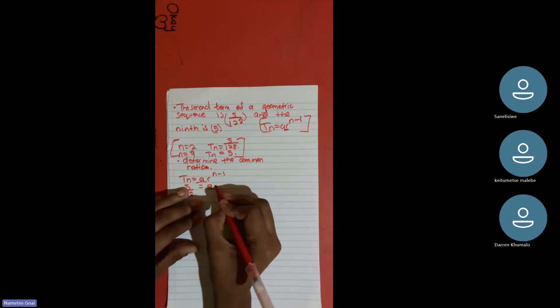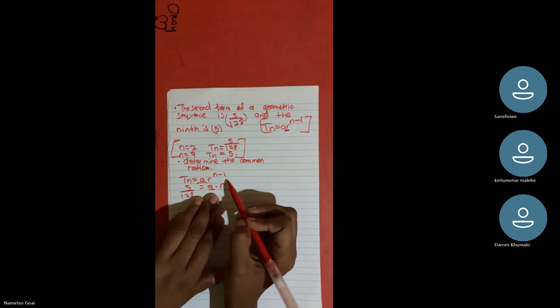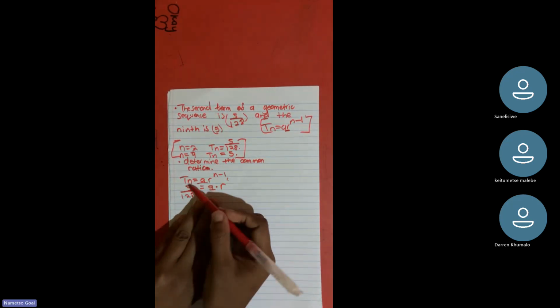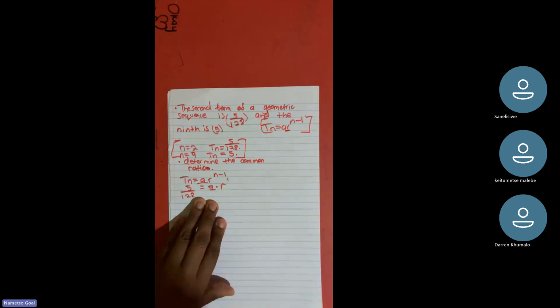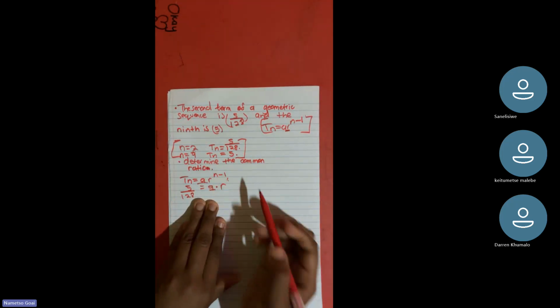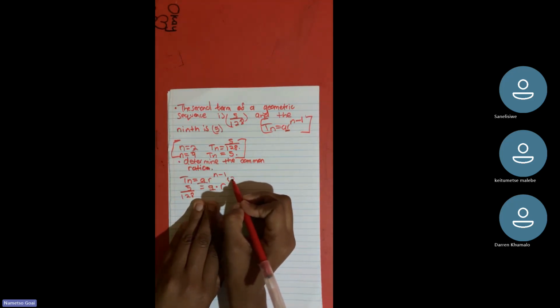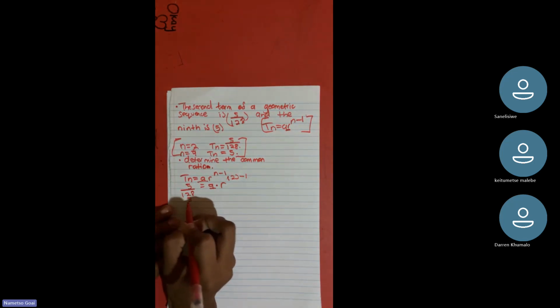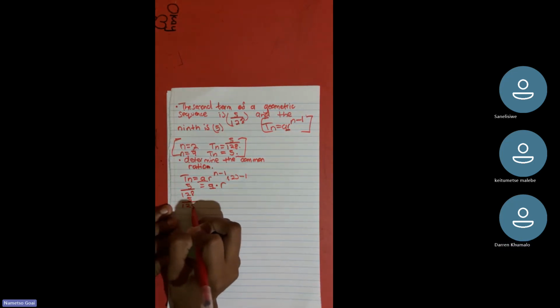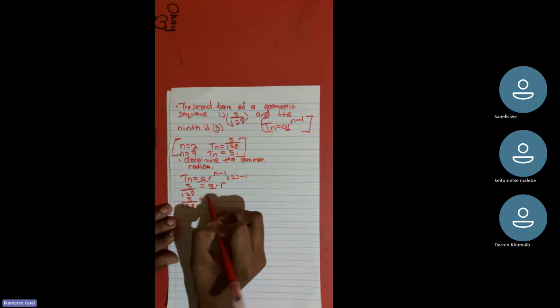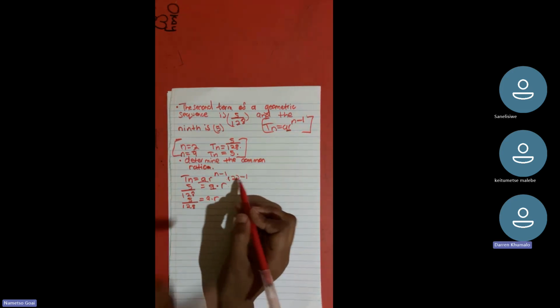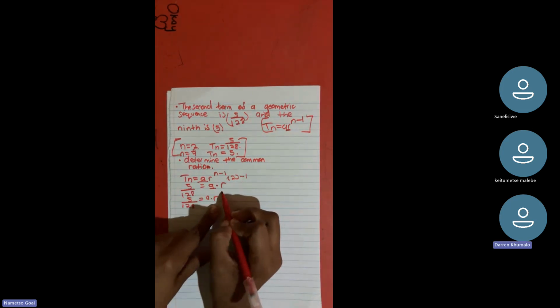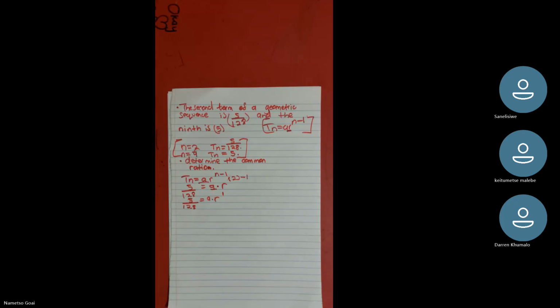A multiplied by r. What position does this 5 divided by 128 occupy? It's the second position, right? So we're going to have 2 minus 1. So we have 5 divided by 128 equals A multiplied by r. 2 minus 1, it's just 1.